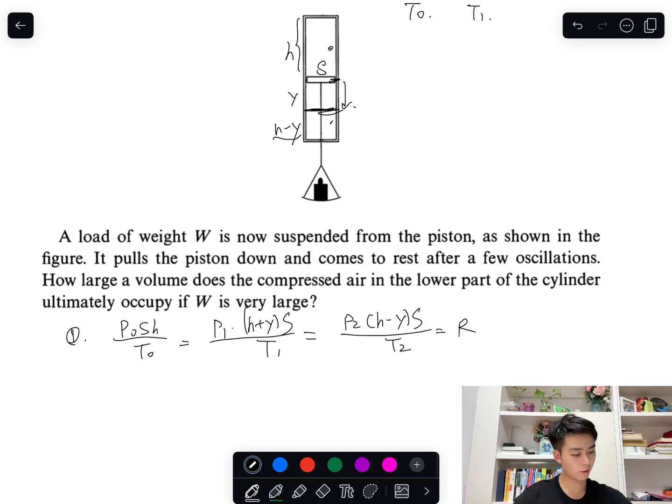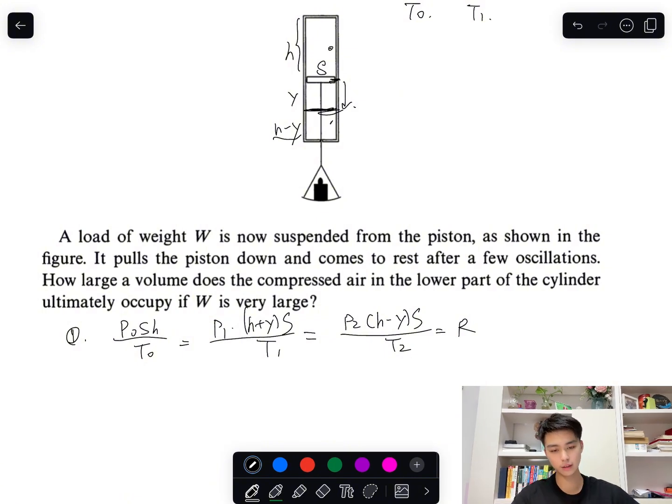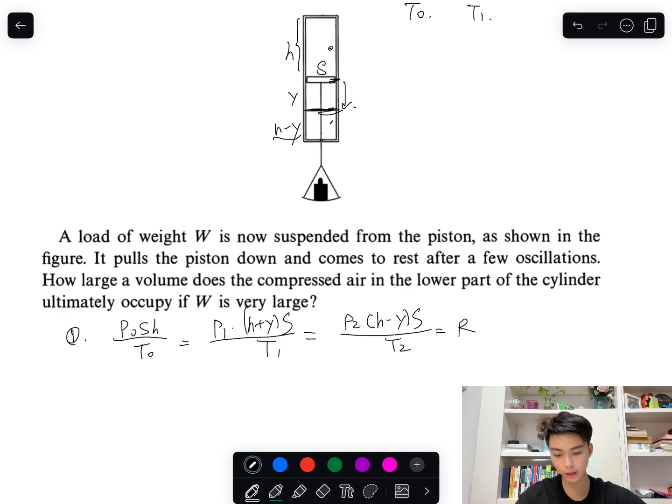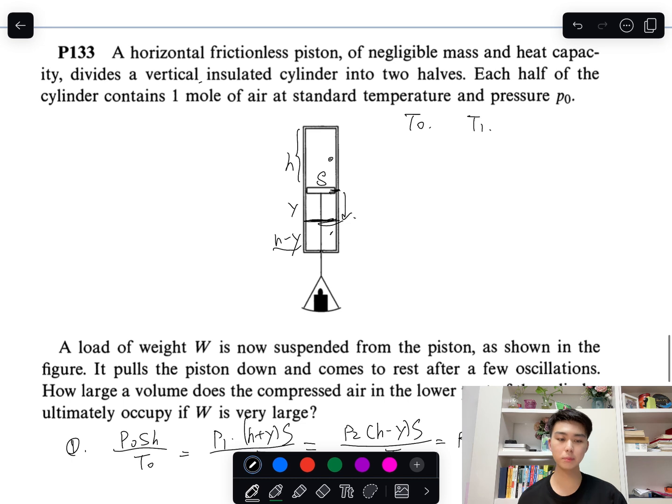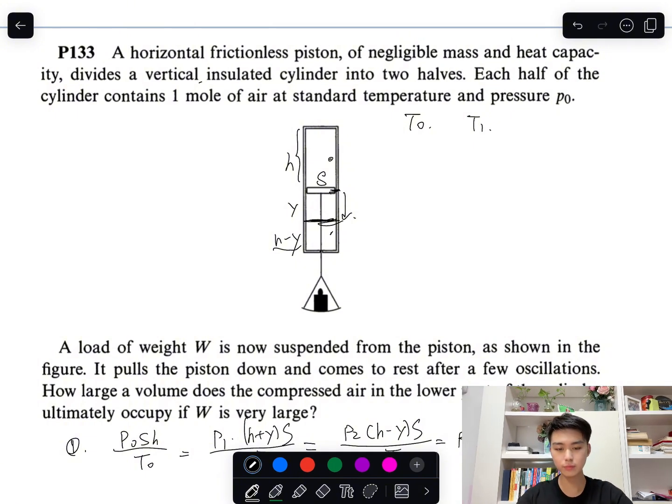And now, because the temperatures are identical, the piston is of no heat capacity, so it ensures that the temperature of both parts is equal.